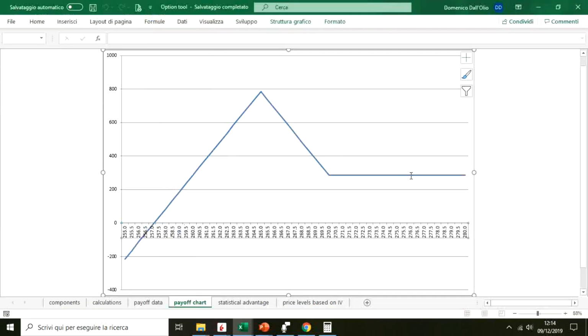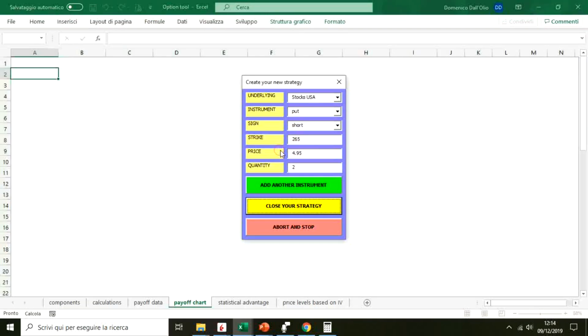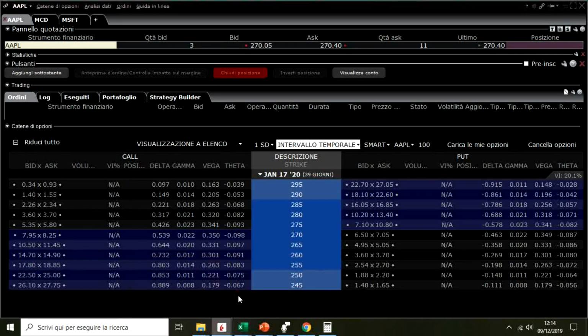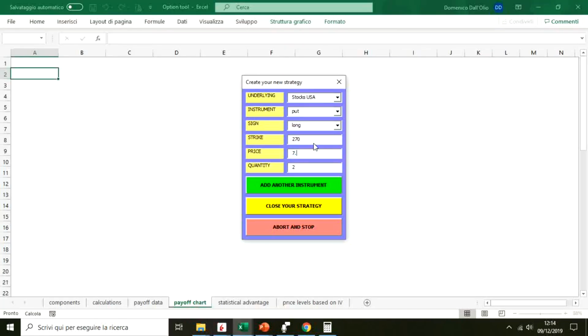Okay, let's see if it works. Okay, we have a put short 265 for 495, it's 2, and a put long 270 for 705, and it's 1. Close the strategy.